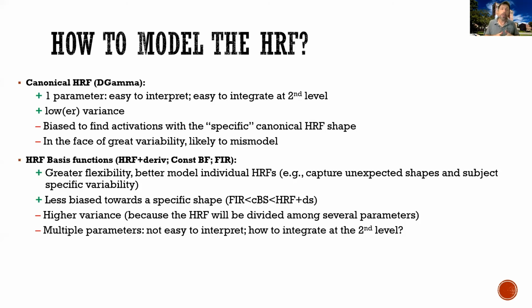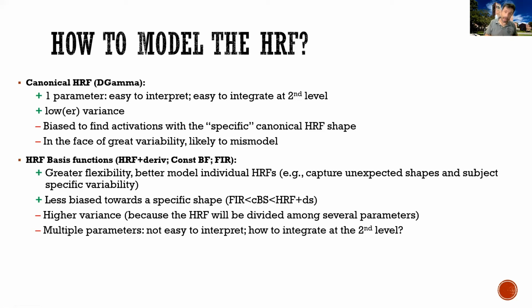In this sense, you're much less biased to only find responses that look like your canonical HRF. So you will also be able to detect participants who have unexpected HRFs. And the degree to which you're less biased is FIR being the least biased of them all, and then all the way up to the HRF plus the derivatives.